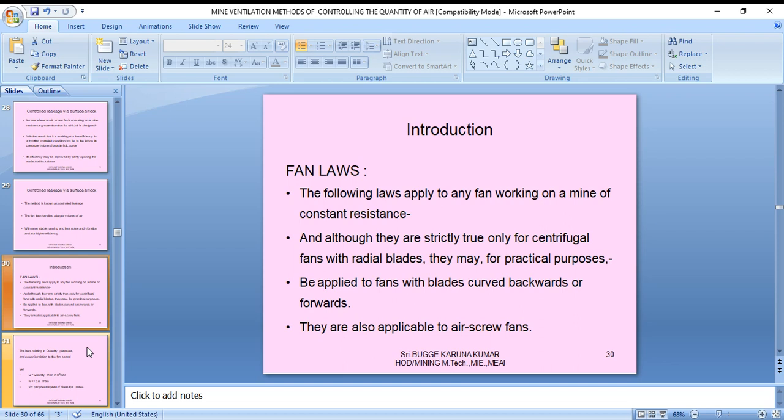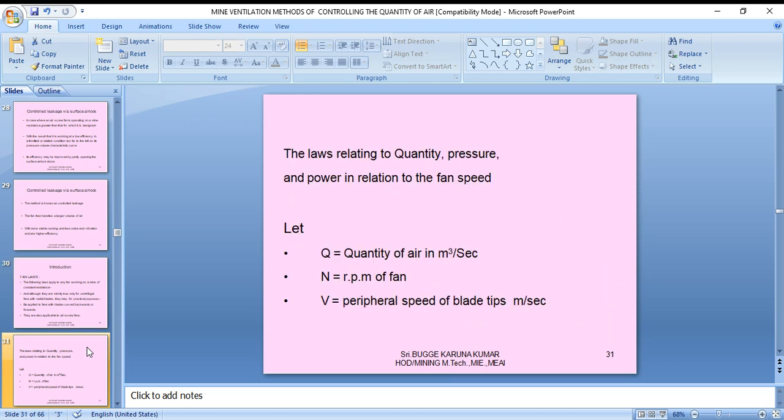The following laws apply to any fan working on a mine of constant resistance, and although they are strictly true only for centrifugal fans with radial blades, they may for practical purposes be applied to fans with blades curved backward or forward. They are also applicable to air screw fans, relating quantity, pressure, and power to the fan speed.